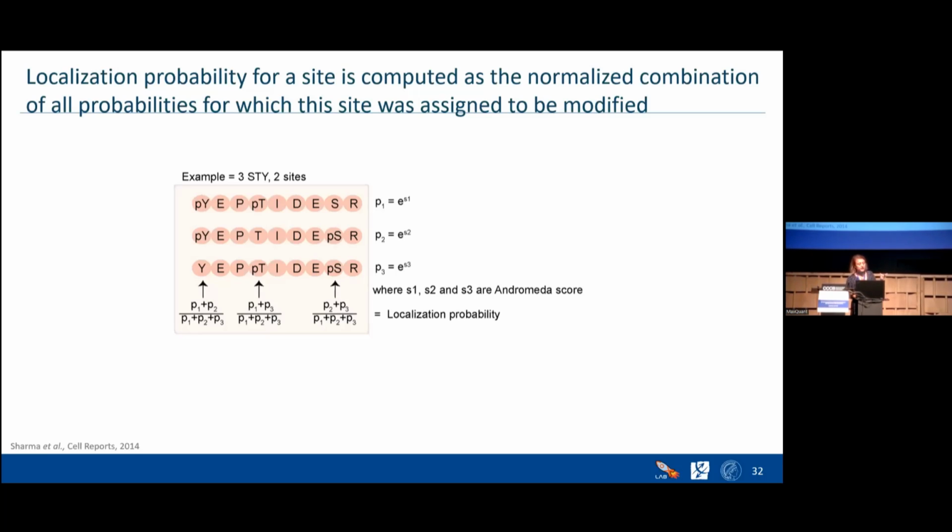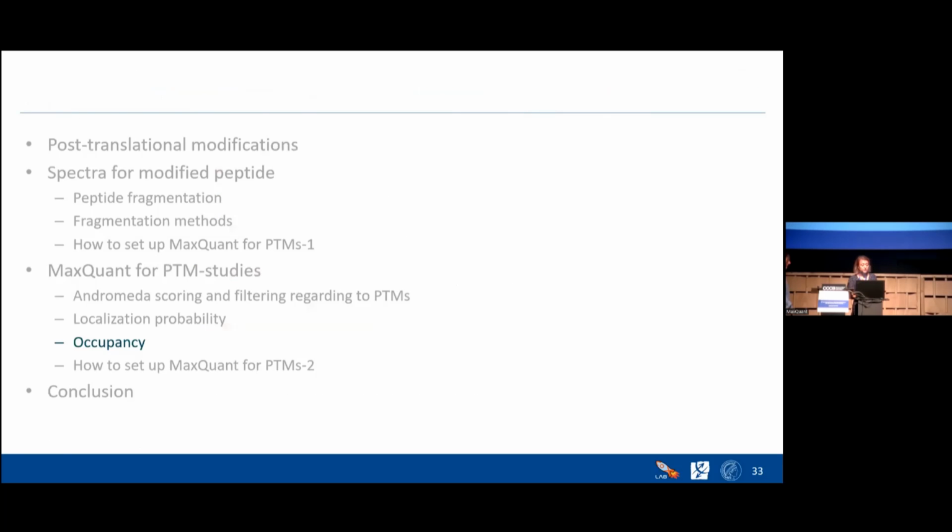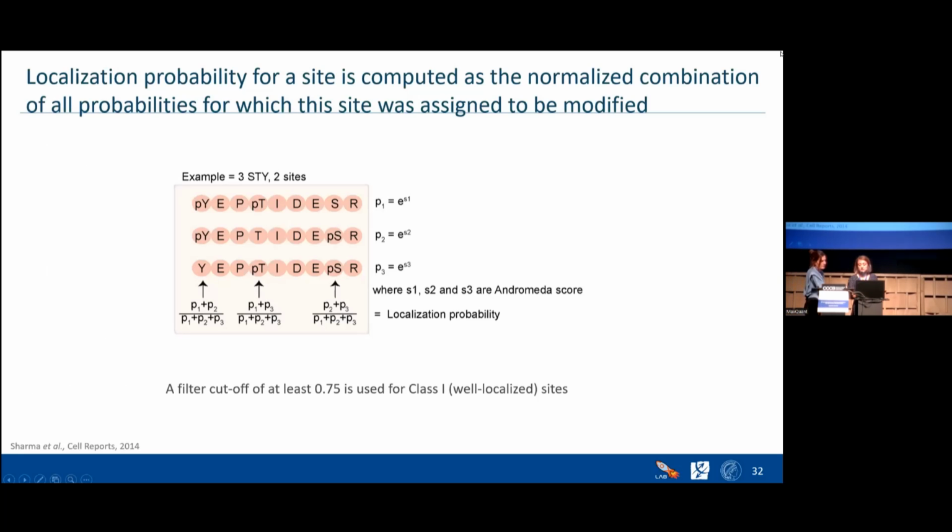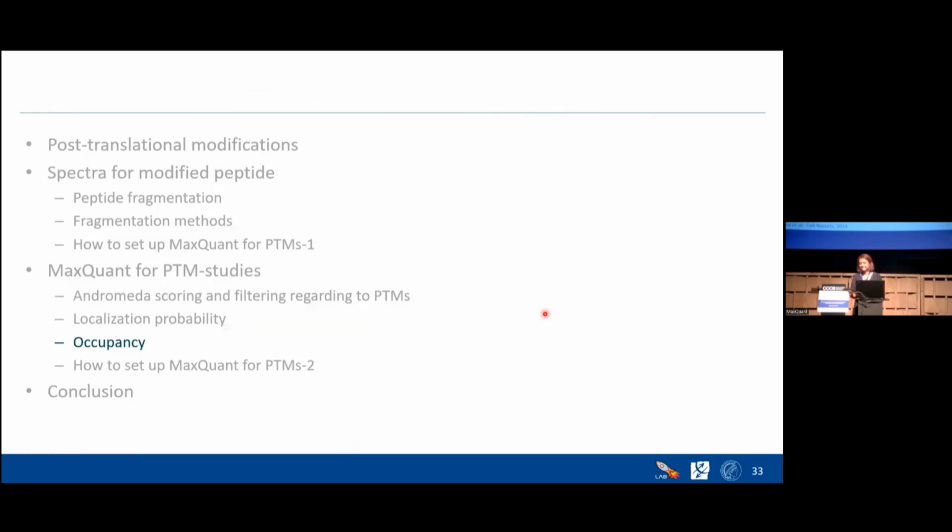It's also the same for the middle one. There, we sum the first probability score and the 3rd probability score, and then divide by all of it. And the 3rd one is the same. After calculating the localization probability, there have been some studies, and according to these studies, 0.75 is classified as a well-localized site.